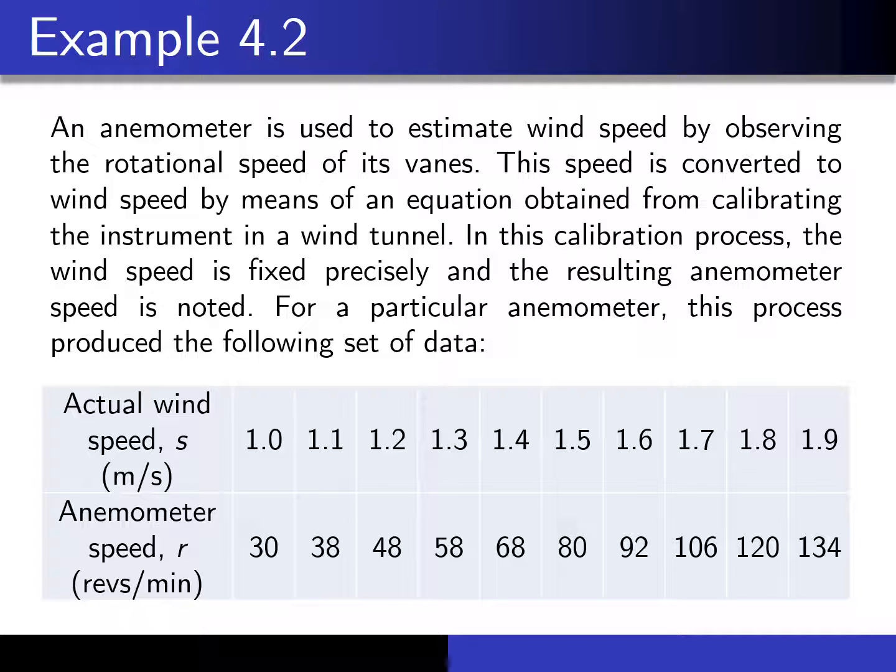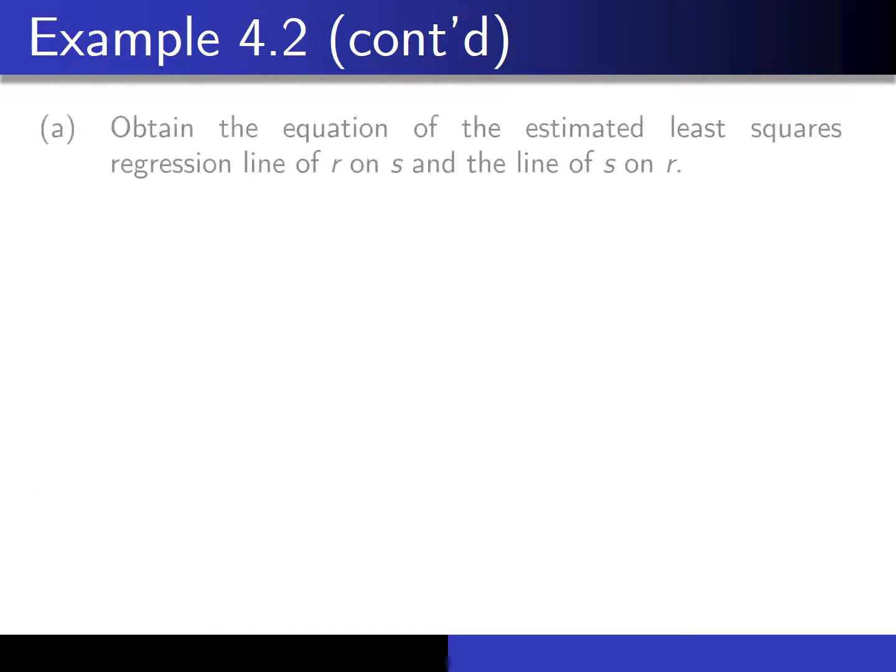In this calibration process, the wind speed is fixed precisely, and the resulting anemometer speed is noted. For a particular anemometer, this process produced the set of data as shown on the screen.